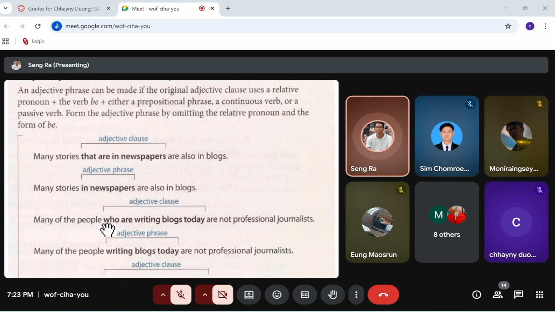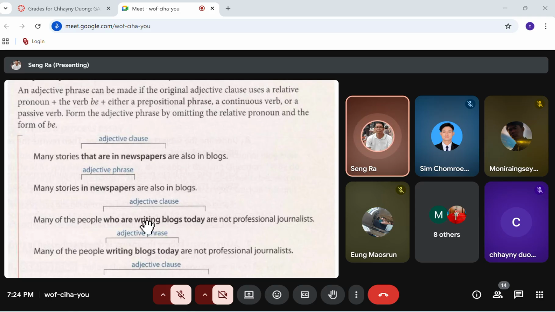Many of the people who are writing blogs today are not professional journalists. Not professional journalists. So here, you're writing this in the form of an adjective clause: who are writing blogs today.